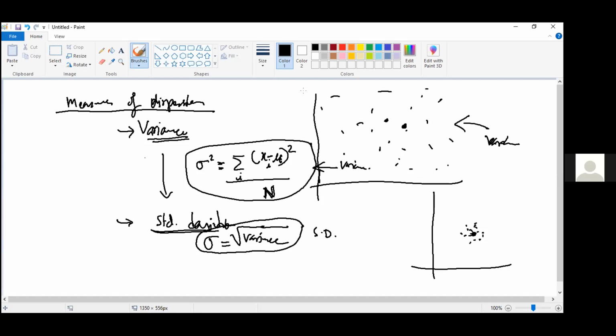That is what we do in variance as well, right? Then why standard deviation? Okay, everyone just think about it. We'll discuss.